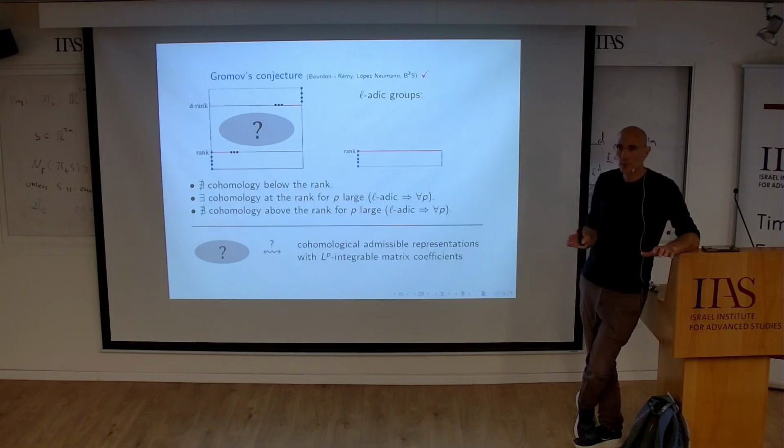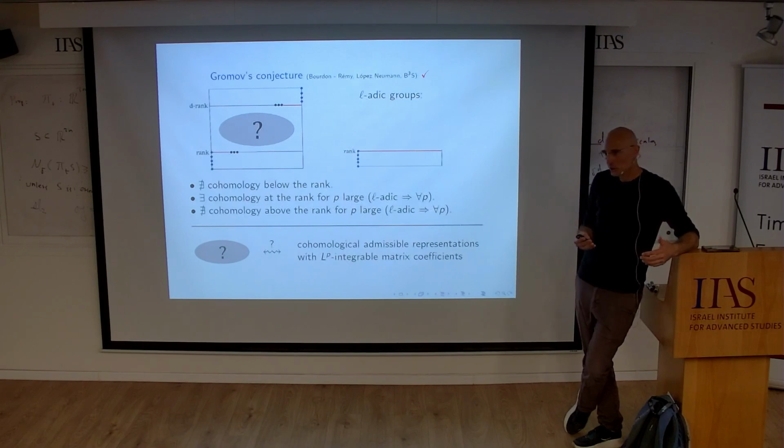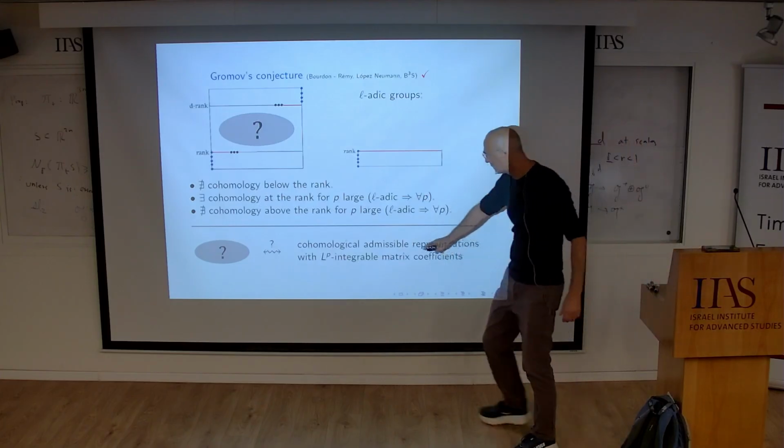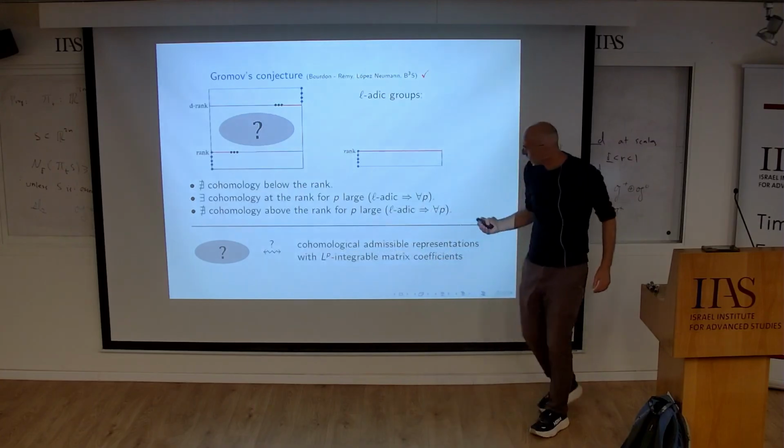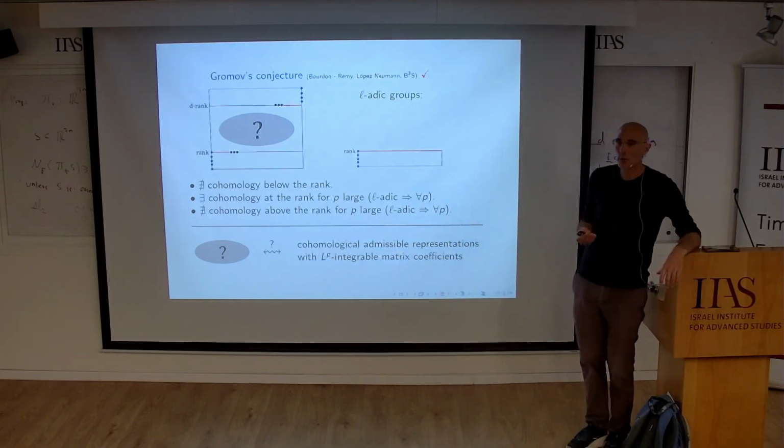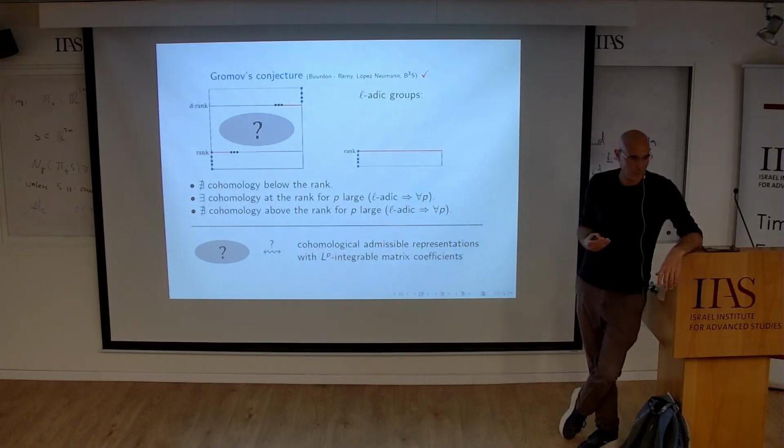And there are some in-between structures that Borel and Wallach called pi infinity. These are admissible representations that are nicely analytically behaved. They could be unitary, but maybe they are not, but they could be Banach representations. In fact, they are always Banach representations. They have the property that their matrix coefficients are always LP integrable for some LP.